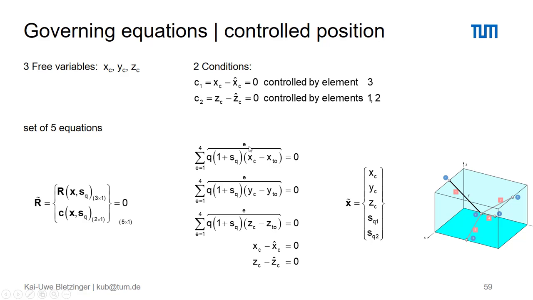where all these entries are referring to the individual elements. That's the vector of generalized variables with the 3 free coordinates of our center node and the 2 scaling factors referring to the first and to the second control equation. So this number refers to the first control equation and that number refers to the second control equation.